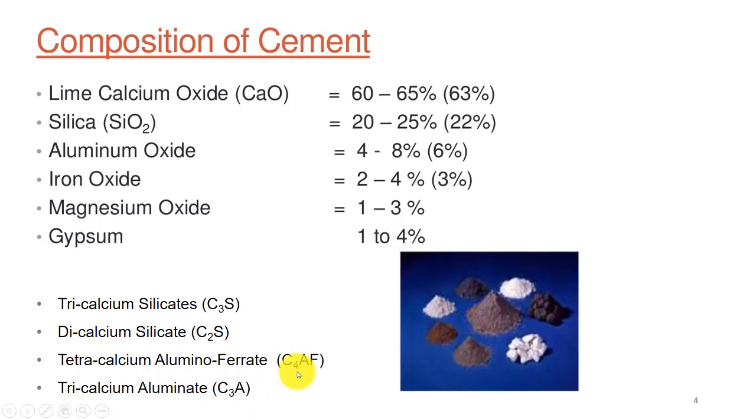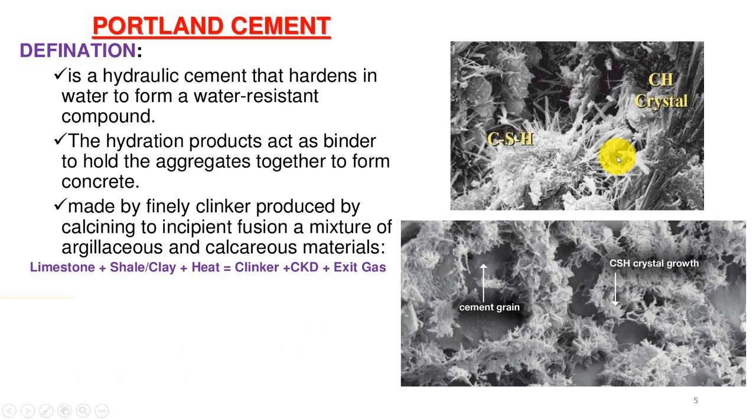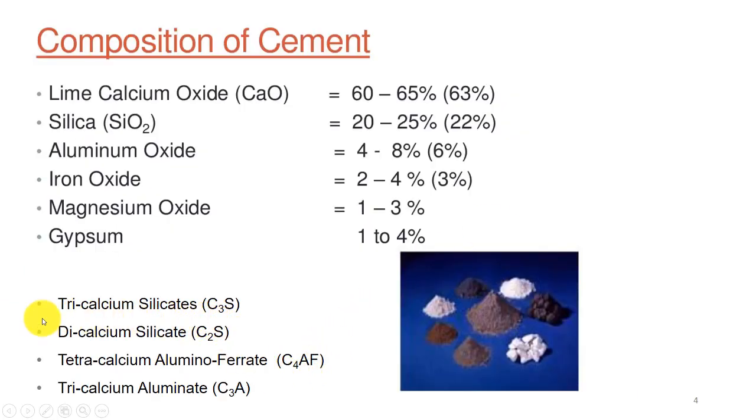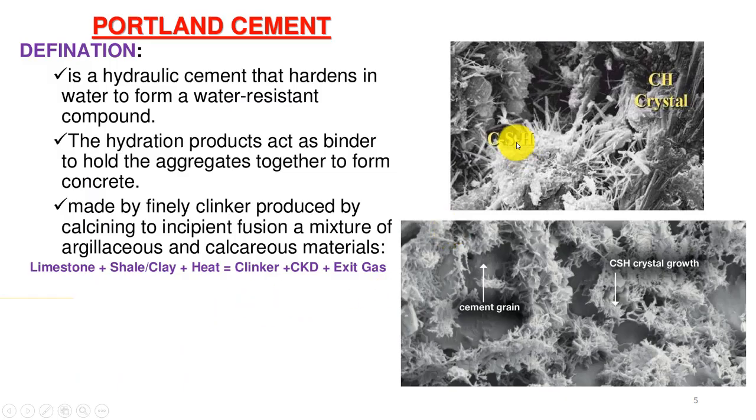On the other hand, tetracalcium aluminum ferrite imparts the final set of a cement. By the hydration of tricalcium aluminate, you will get the ettringite needles, these ettringite needles. On the other hand, by the hydration of tricalcium silicate, you will get the CSH gel-like microstructure, and formation of a calcium hydroxide.